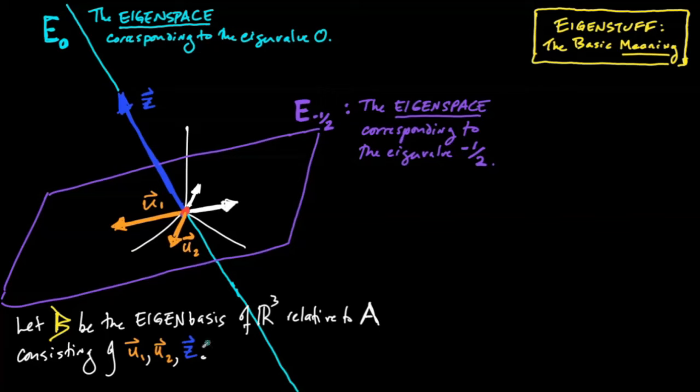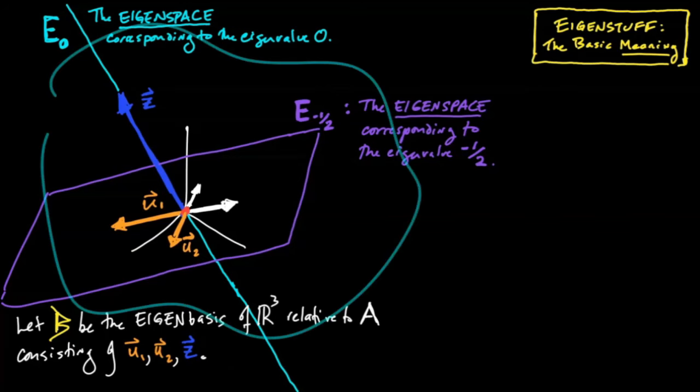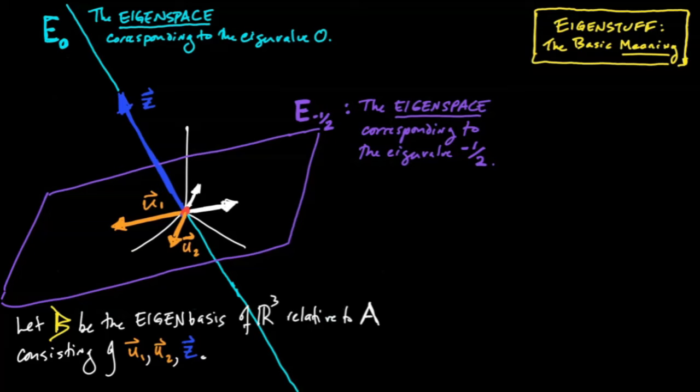Well, think about what a basis, never mind the eigen business, just think about what a basis does. It gives us coordinates for any point in the space. That is, for any vector in the space. And we can understand how a linear map affects any such vector if we know how it affects the vector's individual components in the directions given by the vectors in the basis.